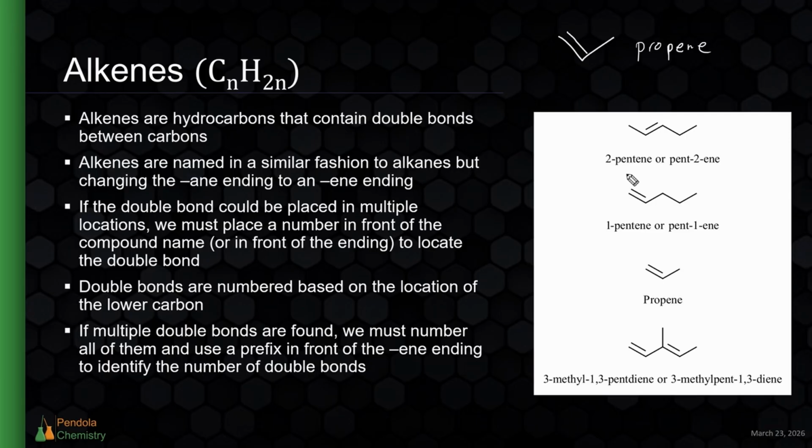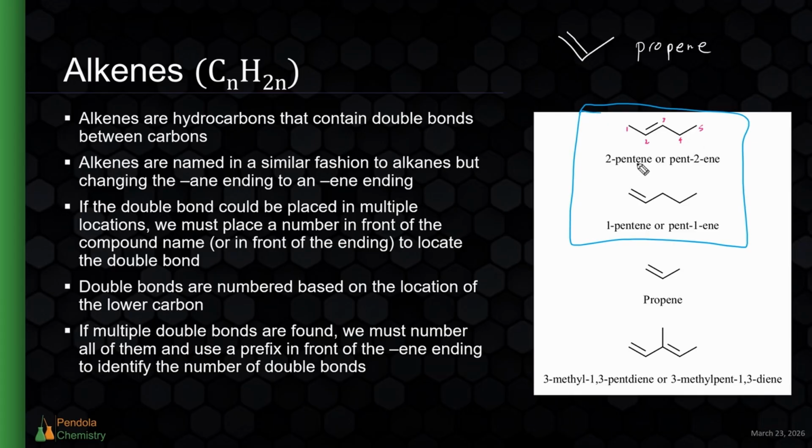However, if that compound can have the double bond in different places, we have to specify. Let's look at these 2 right here, because this is a perfect example of this. These are both 5-carbon straight chains. So we have carbons 1, 2, 3, 4, 5.